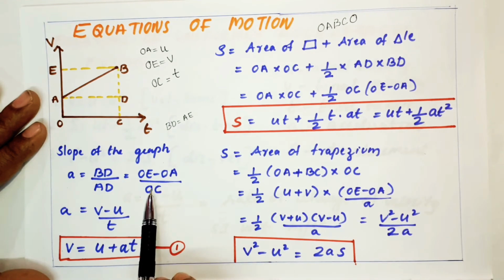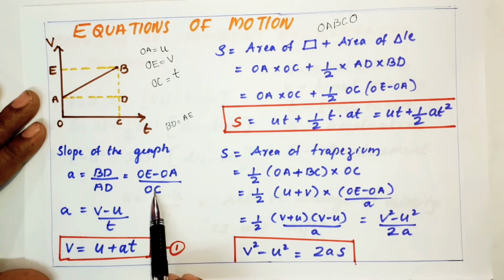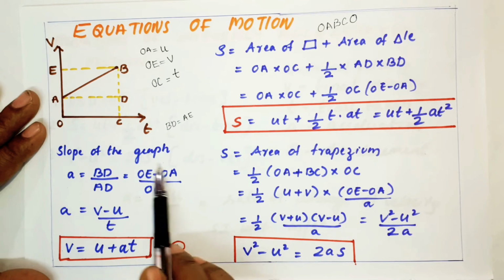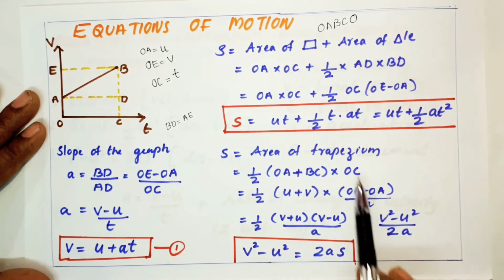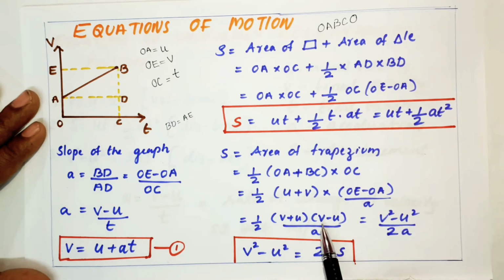OC you can write as OE minus OA by a, from the first equation. Because OE is v and OA is u, we can write half into v plus u into v minus u by a.